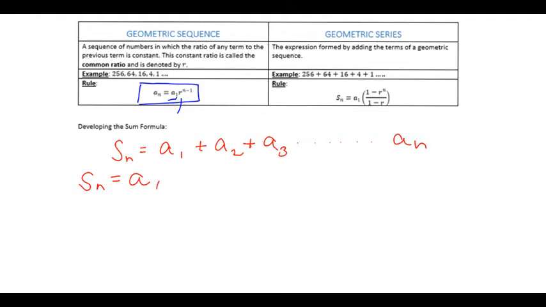So there's the first term. To get the second term, I would take the first term and multiply it by the ratio, and I can see that from the formula for the geometric sequence.